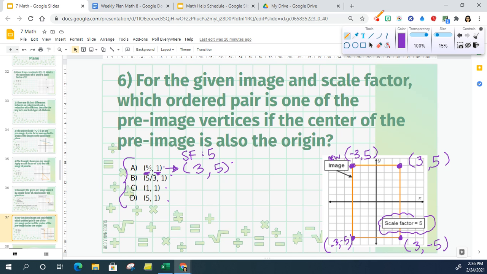Yes, this is the pre-image point. If we multiply by 5 on C, we would get 5, 5, and that's not on our rectangle. If we did D times 5, it would be 25, 5, and that's not on our rectangle. A is the only one that's going to show up on the rectangle.